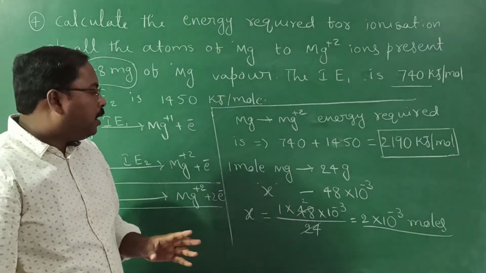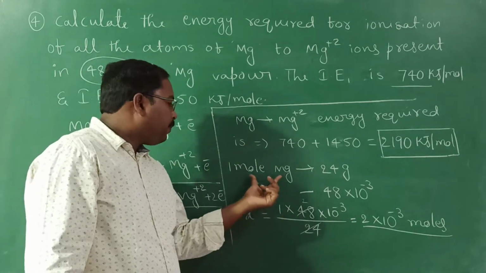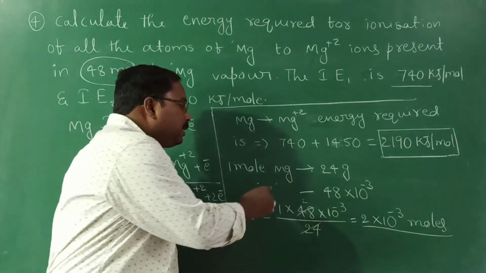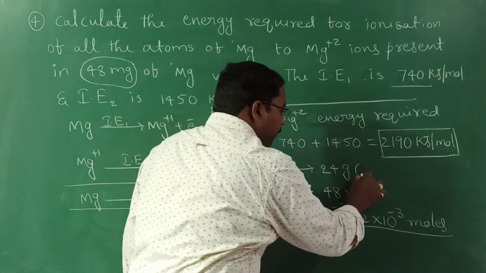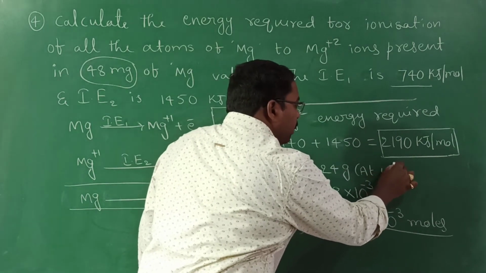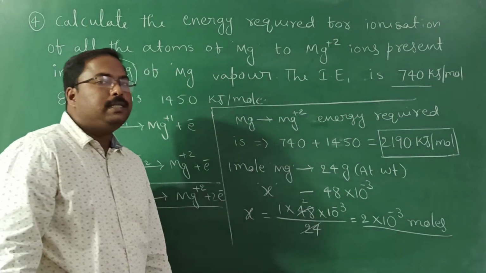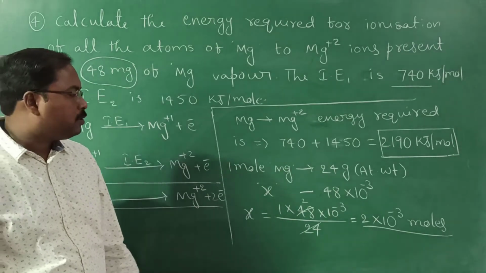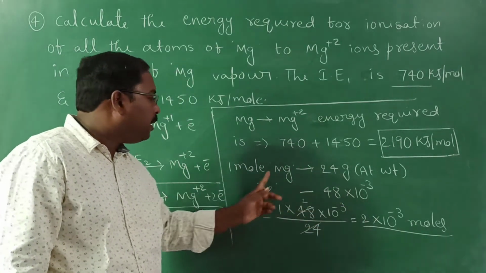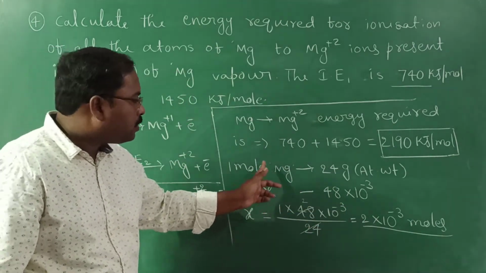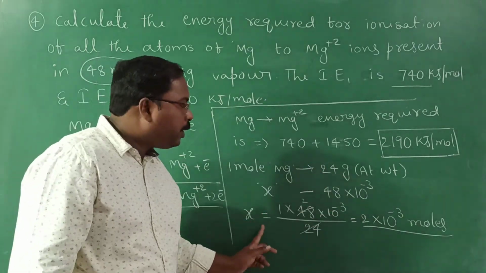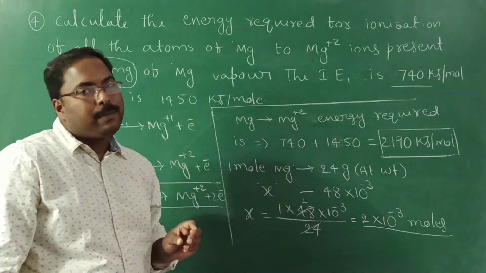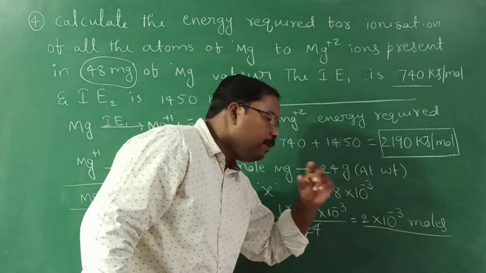Alright? Understood how we converted into moles? 1 mole of magnesium means its atomic weight, which is 24 grams. So 48 milligrams means how many moles? By doing cross multiplication we came to know 48 milligrams means these many moles.